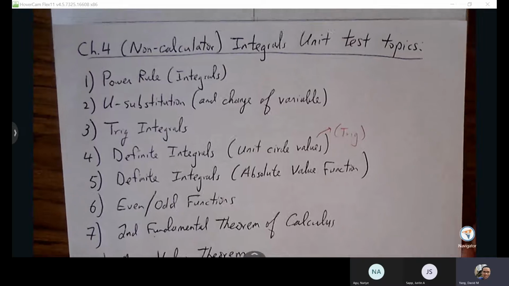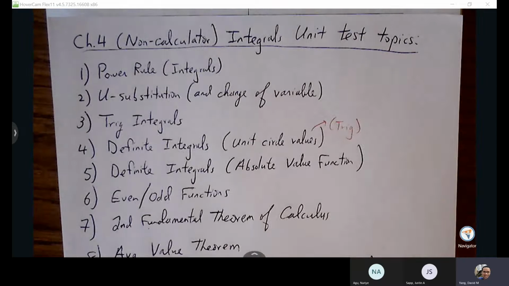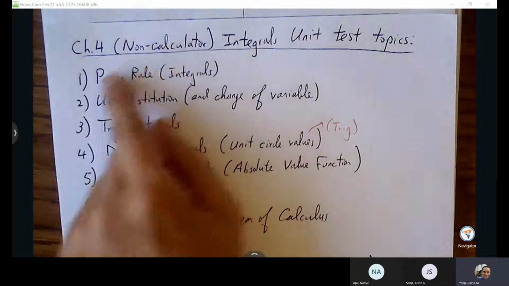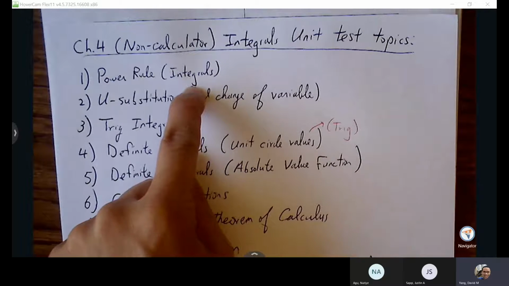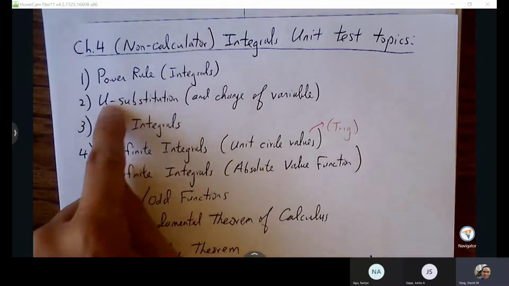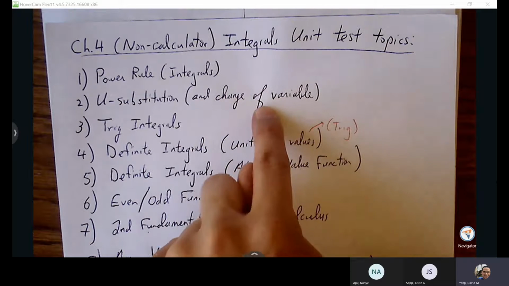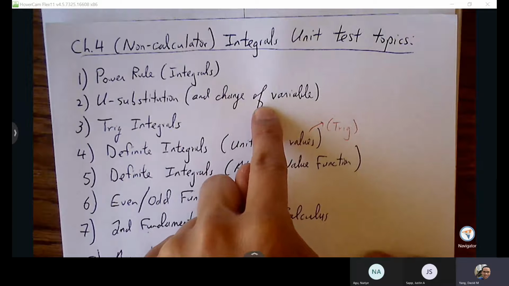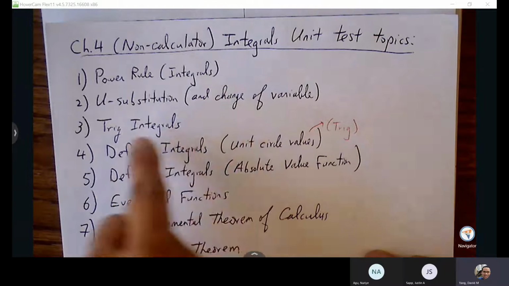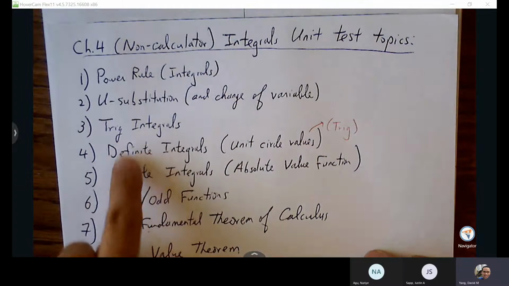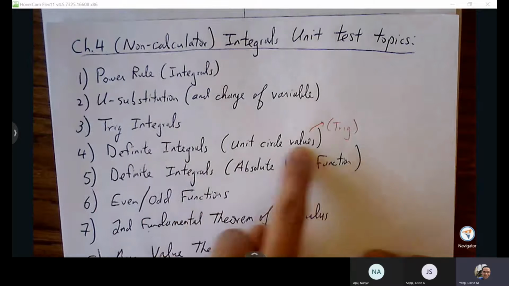But here are the topics that you can expect for the test on Friday. Know how to do power rule problems, just like how we did just now. U substitution and change of variable. We'll do a problem with a change of variable where we go through that additional substitution. Trig integrals, we did one of those. Definite integrals involving unit circle.